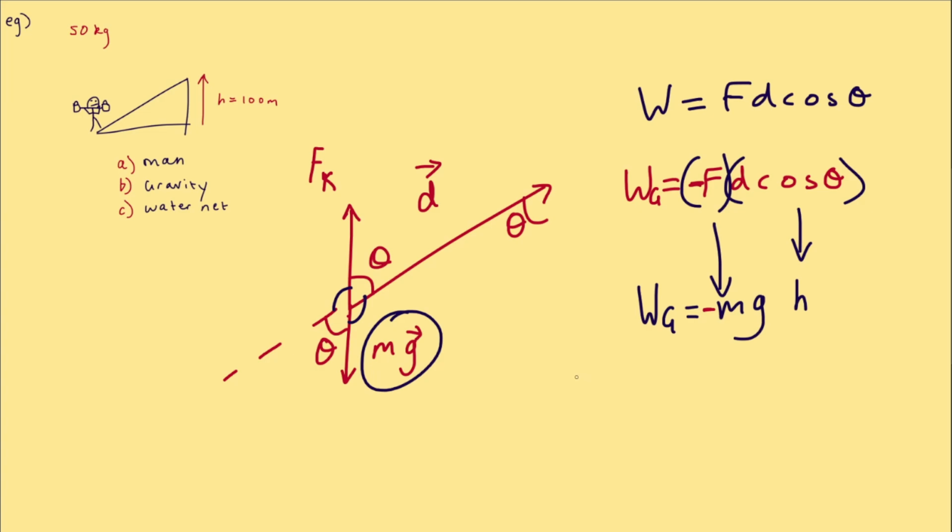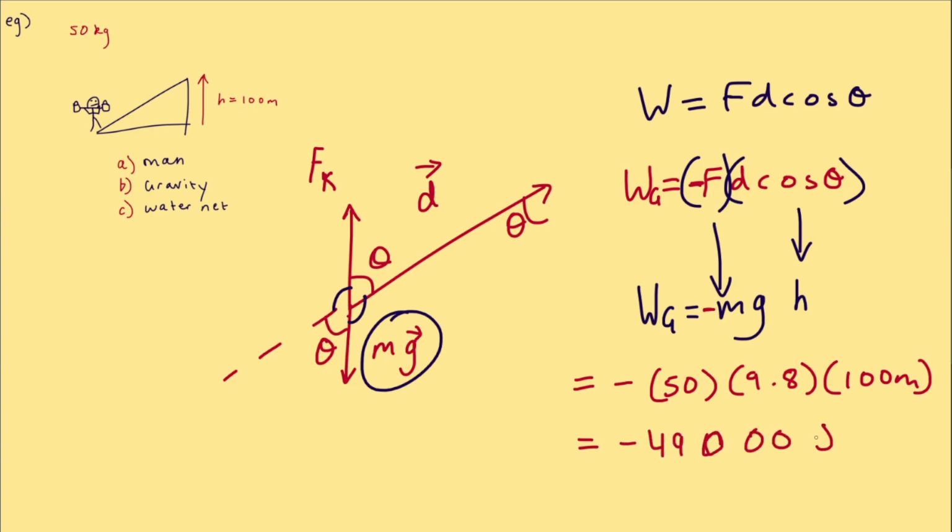So plugging in our values, which is 50 kilos of water, 9.8 acceleration due to gravity, and 100 meters of height, then we get negative 49,000 joules, which, if you notice, is the same magnitude of work being done by the man, 49,000, but it's negative the other way, which perfectly balances it.